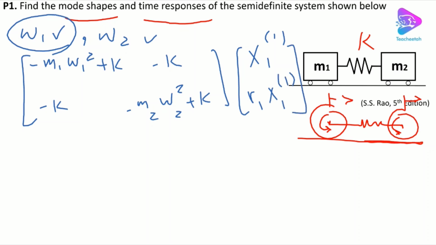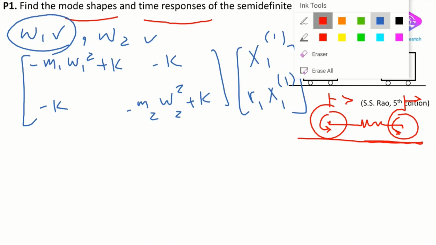We are looking into the first mode shape. So this is equal to 0, right? And then we can either use the above or the below equation to find r1. So let's use the top one.